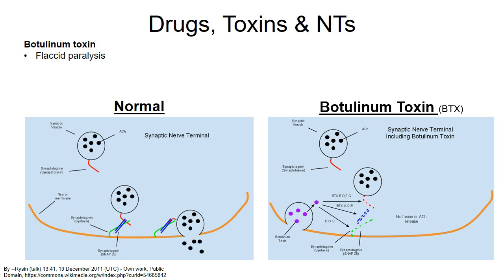So here, when we have muscles that stay relaxed, we call that flaccid paralysis. Okay? So one of the things that you're going to want to be able to do mentally is talk about, all right, if we have this drug, or this poison, or this toxin, what is it affecting?